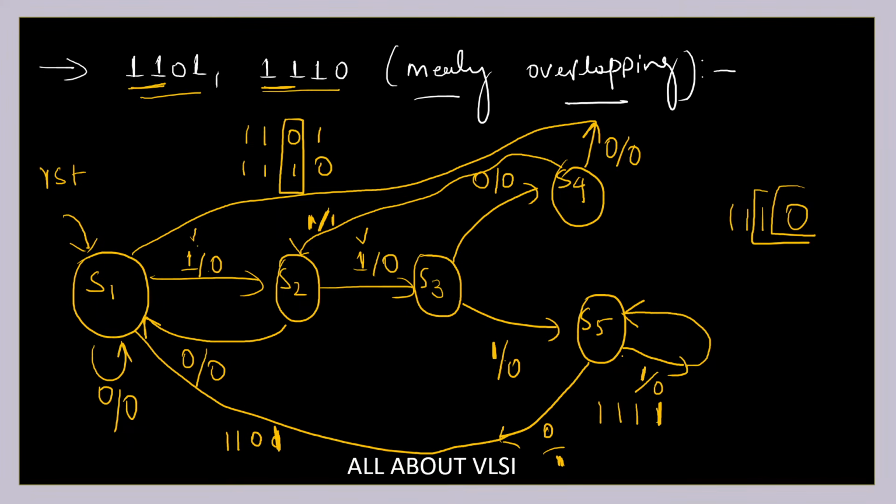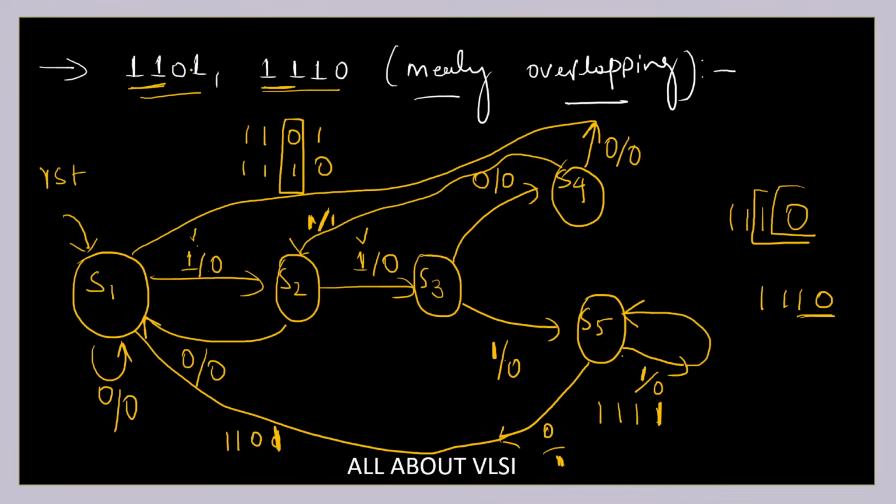Why it will go to S3? Triple one. You have 1 1 1, and if you get 0, how is it supposed to go to S3? S3 is a state where two bits are matching now. Where are the two bits? You need 1 1 or 1 1 0.